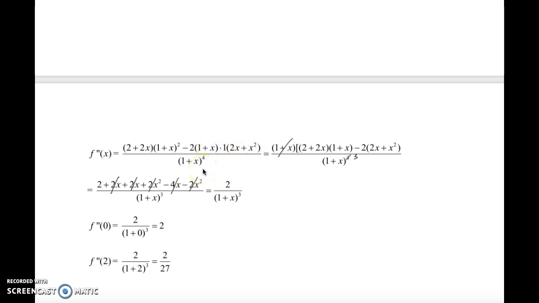And then that's over our g of x squared, so that's going to make it a fourth power now. What we're going to do now is write our 1 plus x quantity squared in two separate pieces so we can cancel it out with one of those in the denominator. So now we're going to have a cube on the bottom, and this 1 plus x is going to disappear.